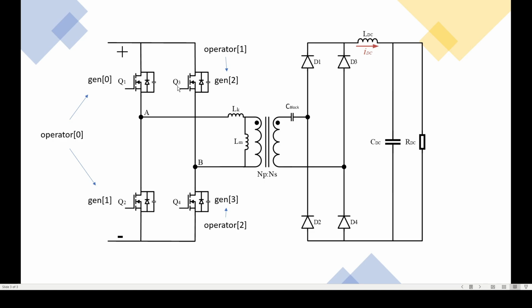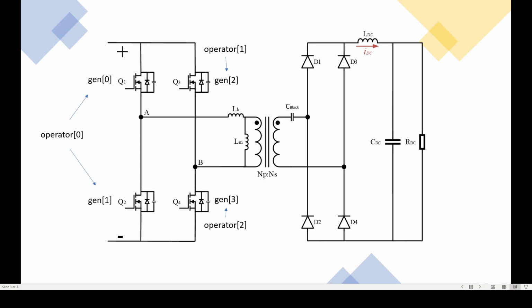But for Q3 and Q4, I need to add both delays, positive delay and negative delay, to change the phase. So I need a whole operator for only one generator, the same as for Q4.